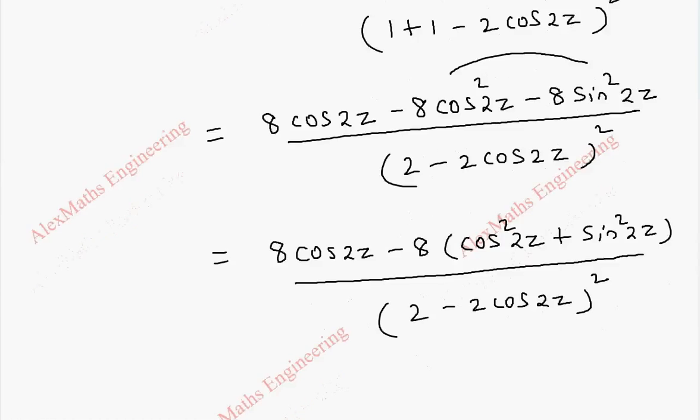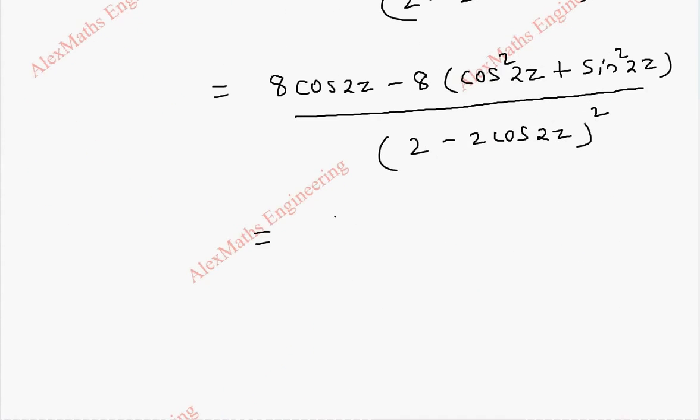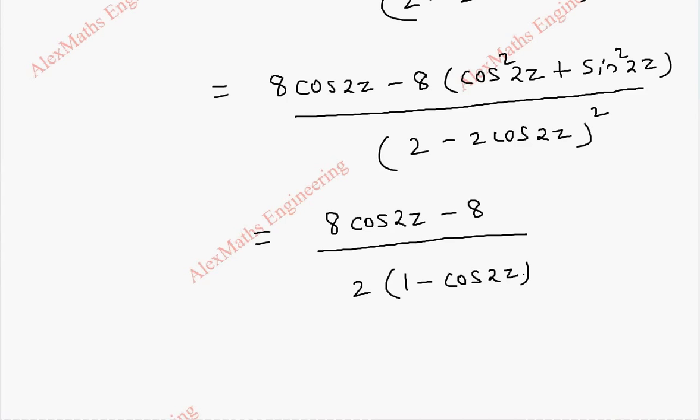Now numerator, the first term is 8 cos 2z minus 8 whole division. We can take 2 common, then this becomes 1 minus cos 2z, and there is a square, so we have to put square for this and square for this, and from the numerator we can take minus 8 common, so this becomes 1 and this becomes minus cos 2z.